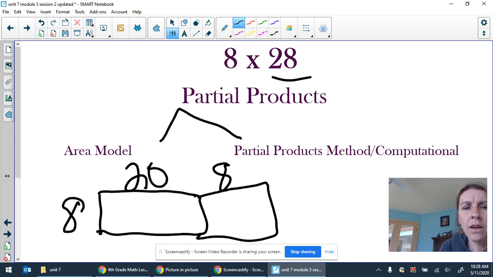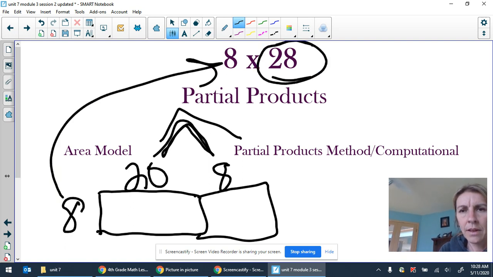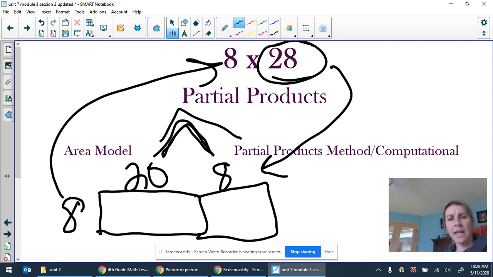If you look right here, this is the 28 I'm talking about. Here's the 8, and here is the 28 on top. I just broke it up. So I'm going to find the partial products here. 8 times 20 in this first area model: well, 8 times 2 is 16, and the 0 represents tens, so it's 16 tens.